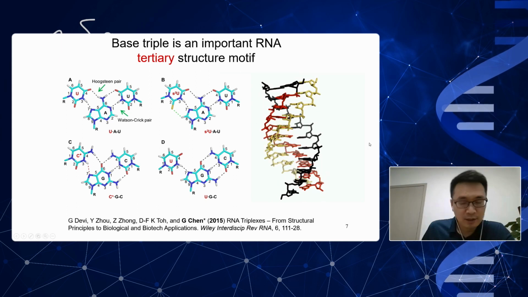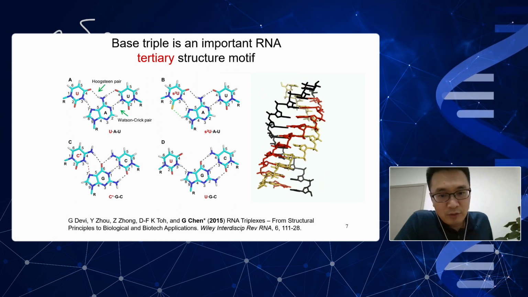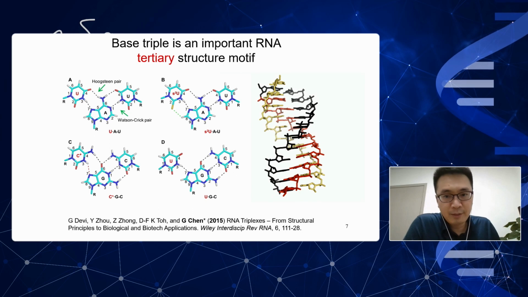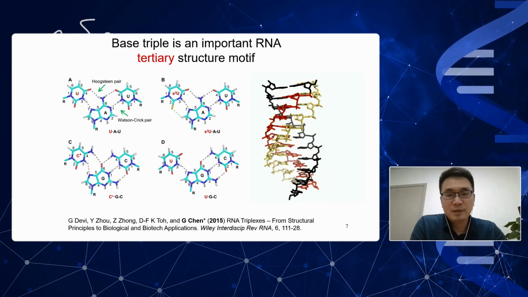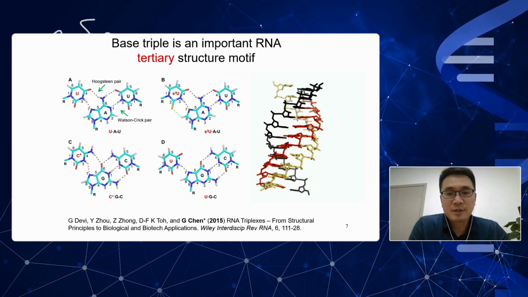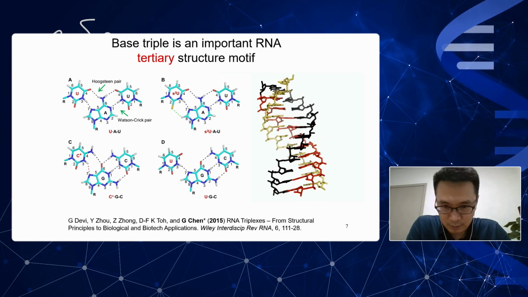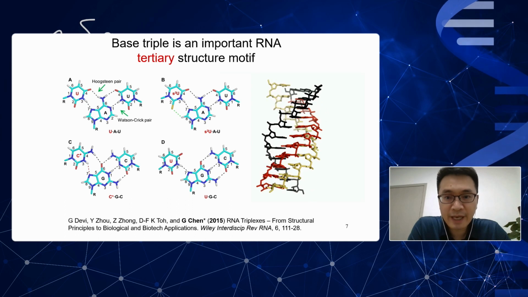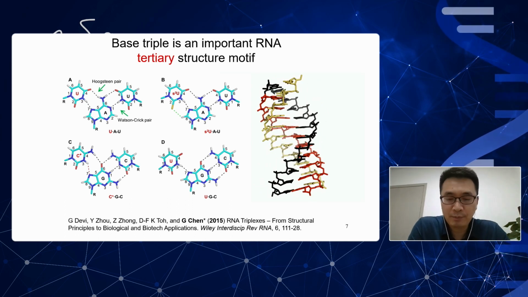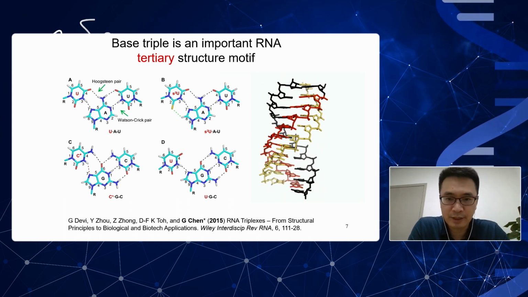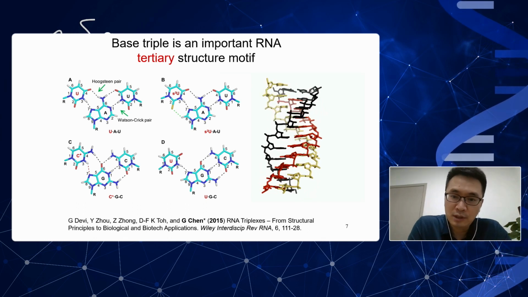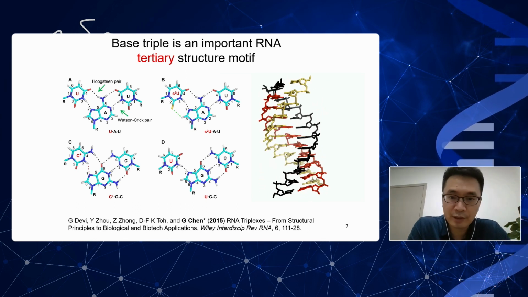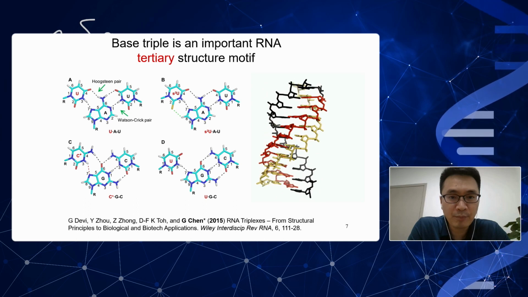Actually, in nature we have already seen many complex structures, including the triple helical structure as shown here. You can look at it as a rotating molecule. The black and the red strand can form a base paired duplex, and then the yellow third strand can bind to the major groove of this duplex structure.